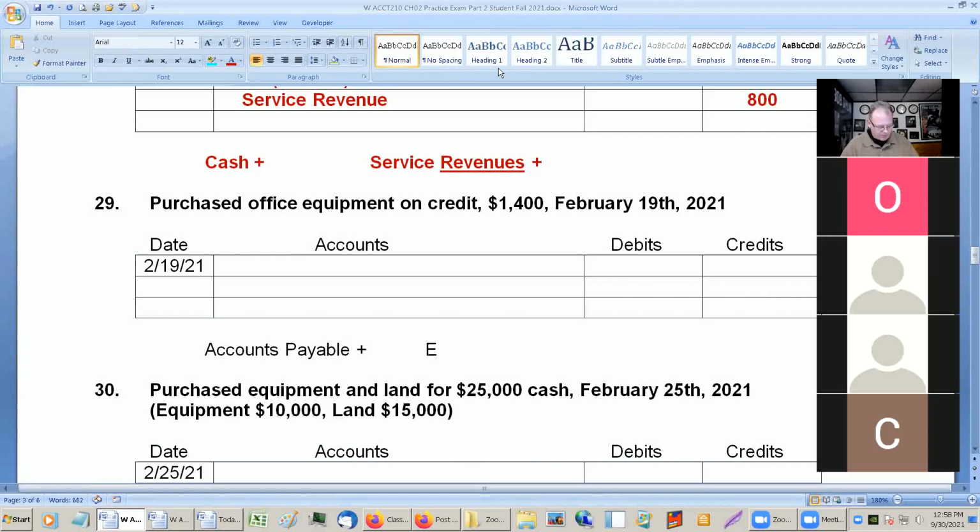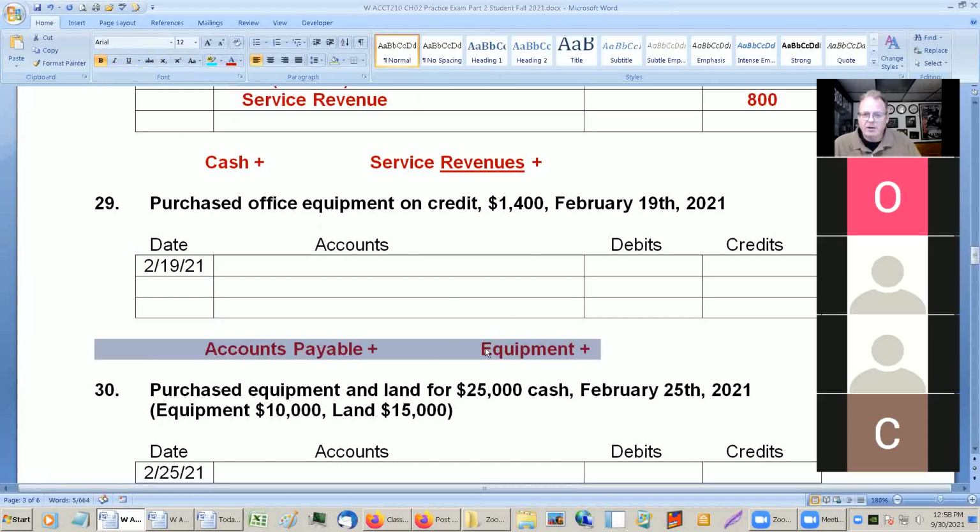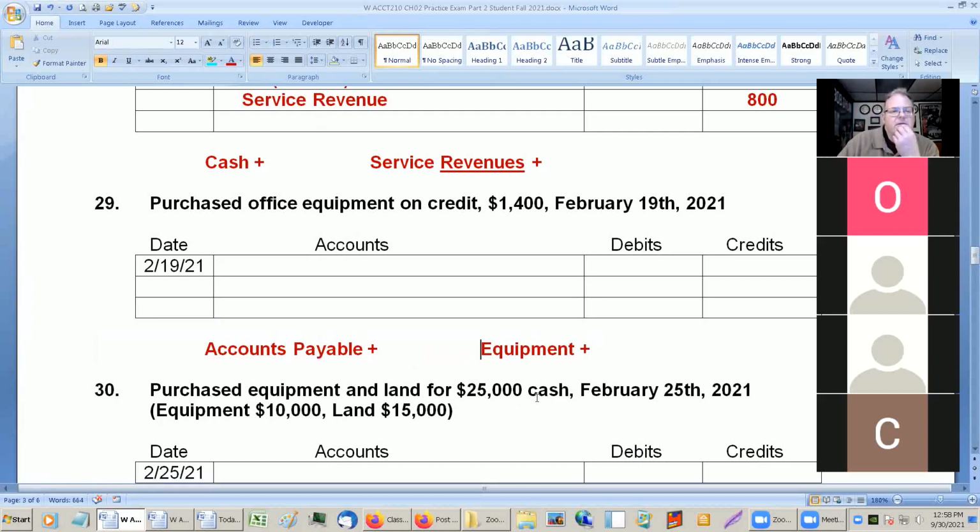And equipment, if you wrote office equipment, that's fine too, is also going up. So our liabilities are going up, which is bad, but our assets are going up too, which is good. And that's the way life is. Some things are good, some things are bad.